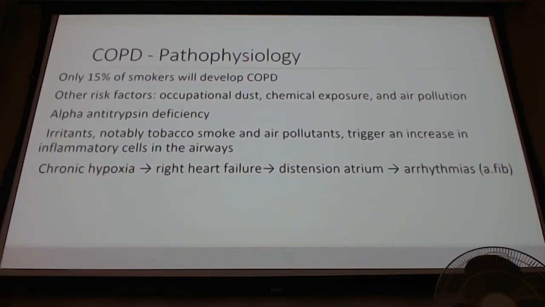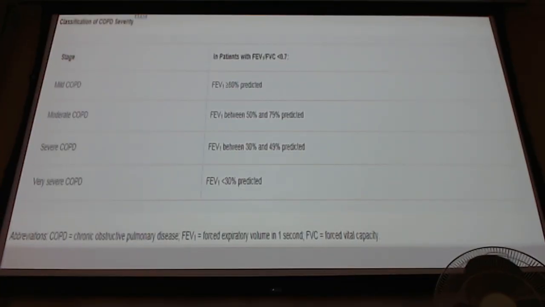Those patients that work as shipbuilders and other things you see on questions may be associated with it. But the issue is, it leads to chronic hypoxia, it can lead to right heart failure, you get a distended atrium, arrhythmias. So we have multiple pathophysiologies going on with these patients that we're concerned about when they present.